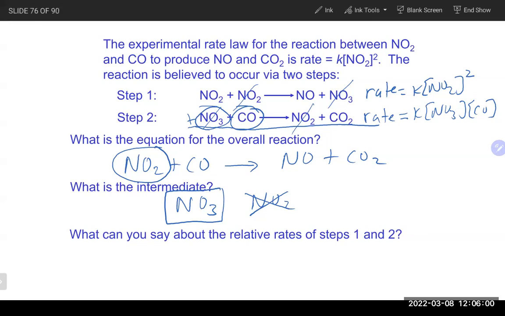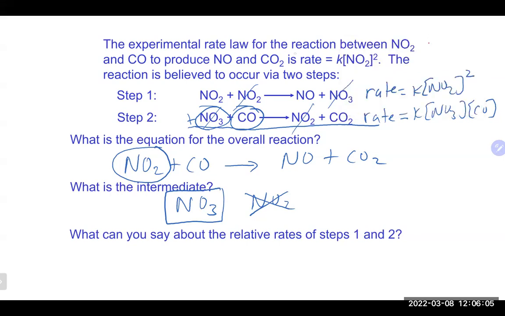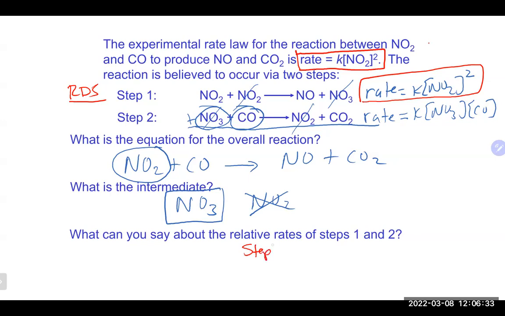This is helpful because when we look at the rate law that was found experimentally here, which is that guy, does that match one of the steps? It does match the first step. And because the first step has a rate law that matches the one that was found experimentally, what we know is step number 1 is really our rate determining step, or the slow step in the mechanism.